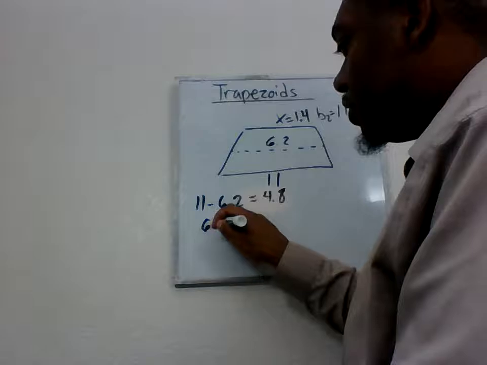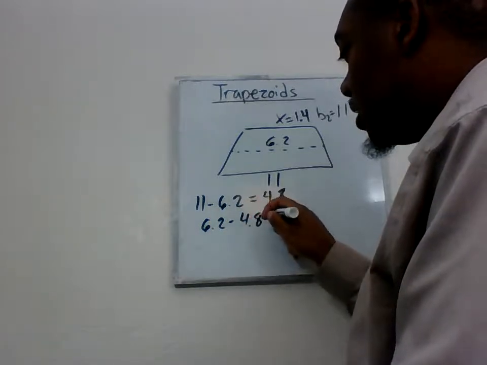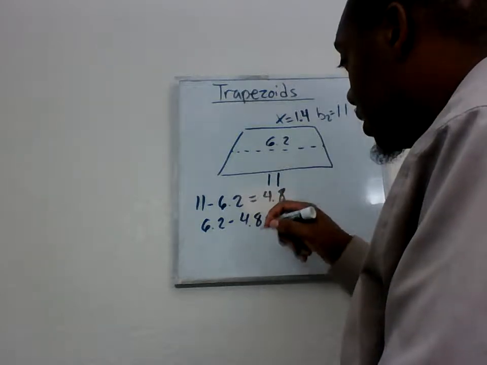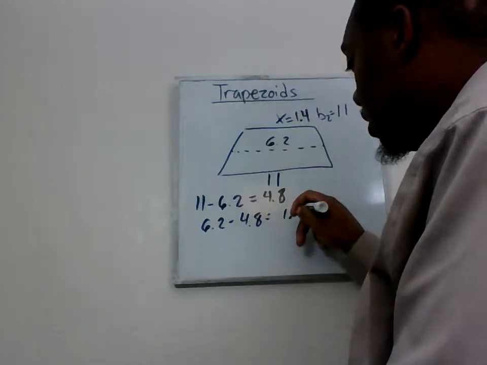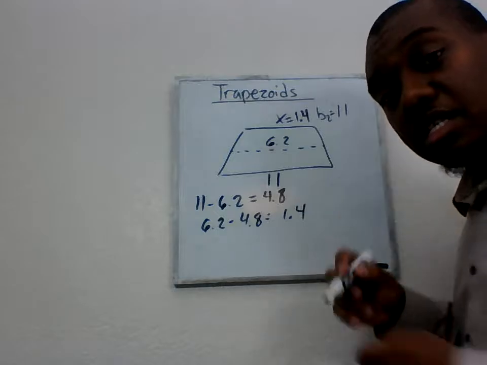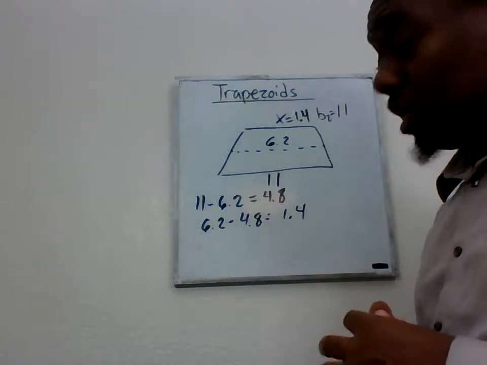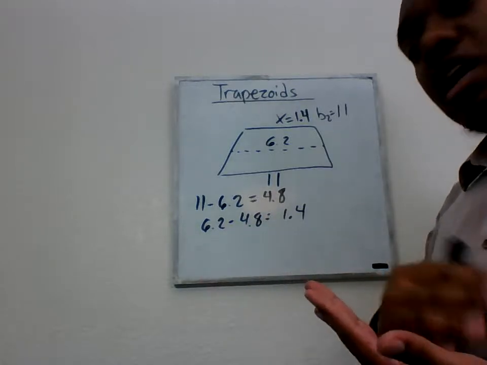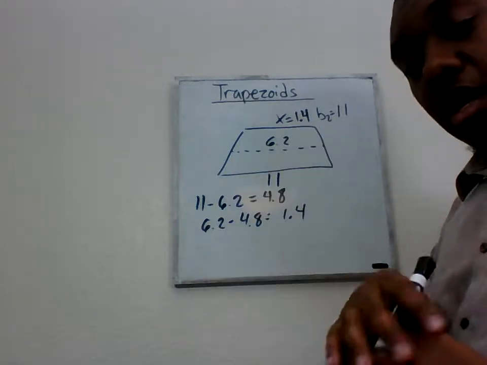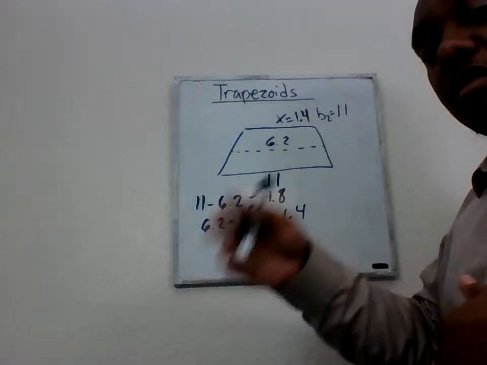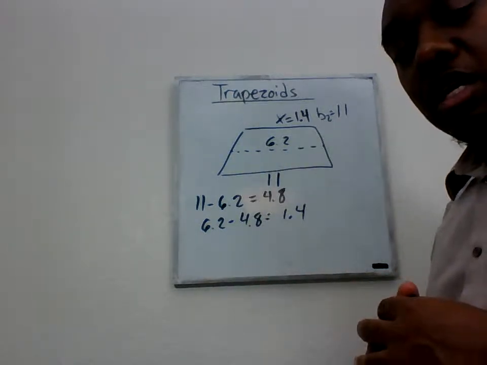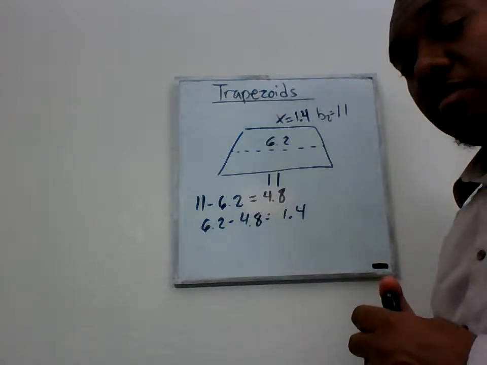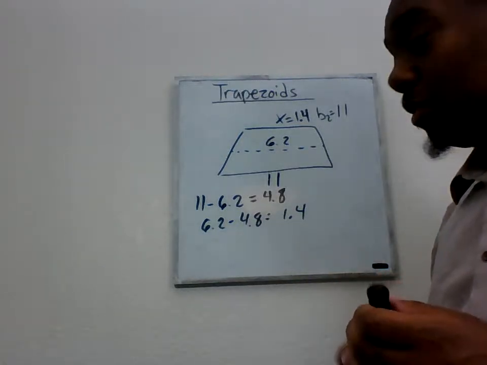Well, if we take 6.2 and subtract 4.8, let's see, what do we get? We get 1.4, and that's exactly what we said it would be, right? Yes. So if we're given the median and one of the bases, we can automatically find the other base. If we're given the two bases, we can automatically find the median. So given any two of these, we can find the other at any time. All right, so that's pretty cool.